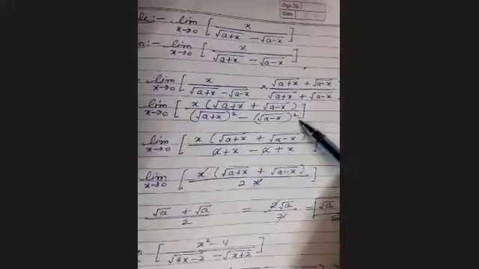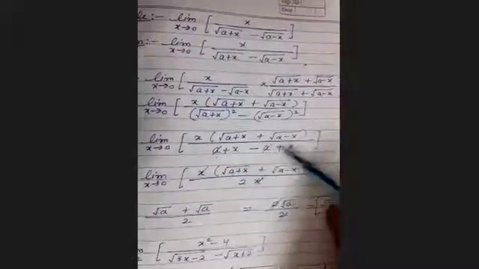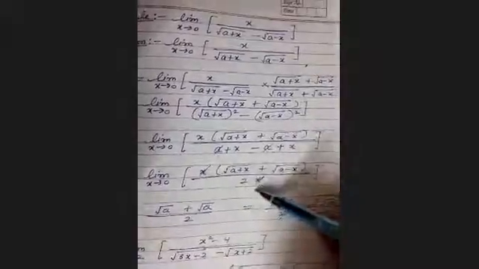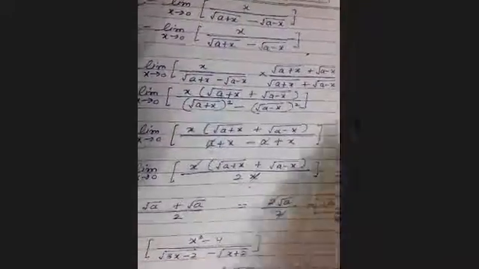After opening the bracket, a cancels, x plus x is 2x, x is cancelled, and whatever is left, let us apply the limit. You can see here we are getting root a plus root a upon 2, means 2 root a upon 2, and 2 cancels. Root a is the limit of this function.